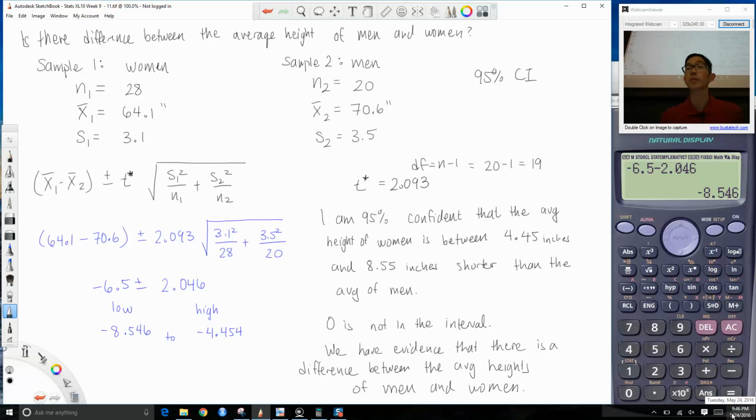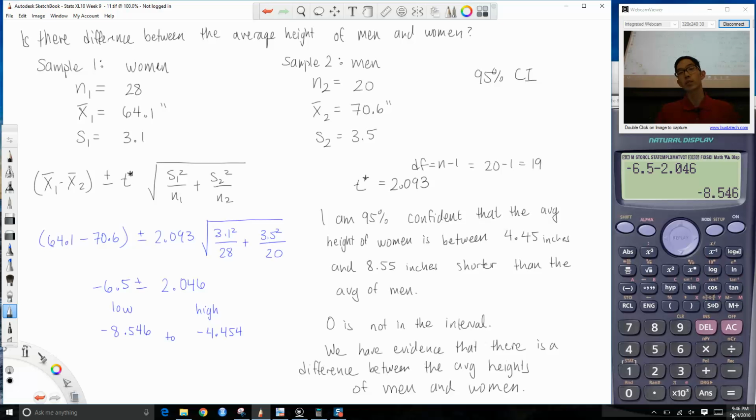Okay. Now, if we had labeled sample 1 to be men and sample 2 to be women, pretty much all of the numbers would be exactly the same, except they would all be positive. It would be from positive 4.454 to positive 8.546.